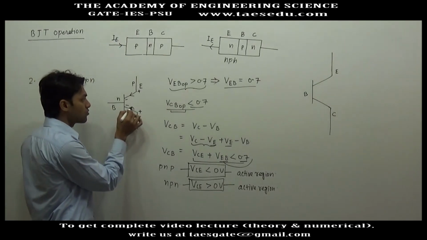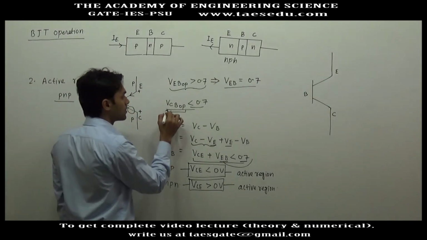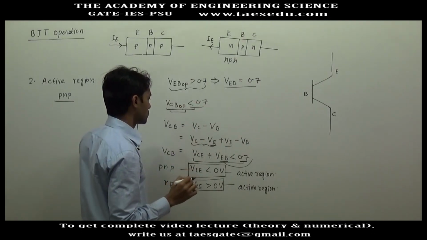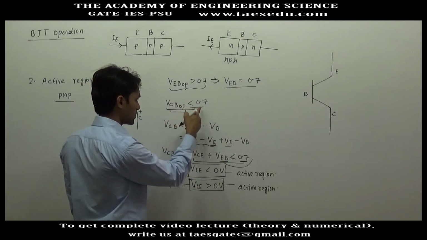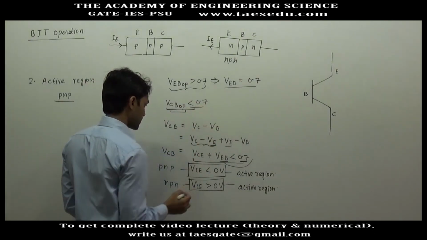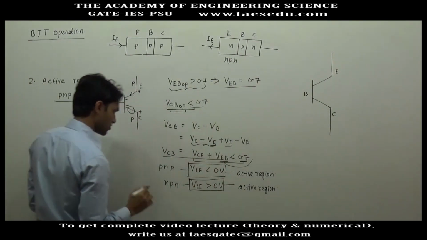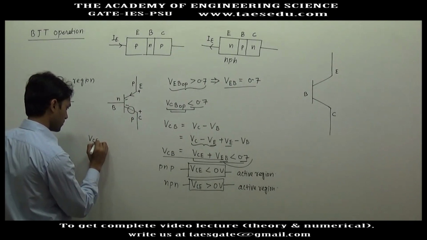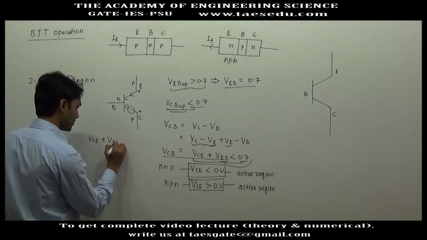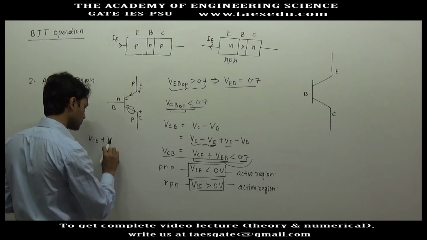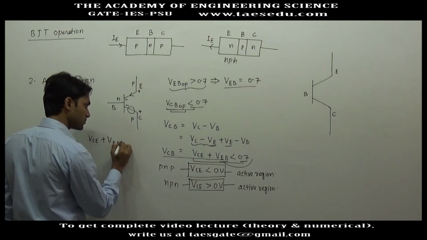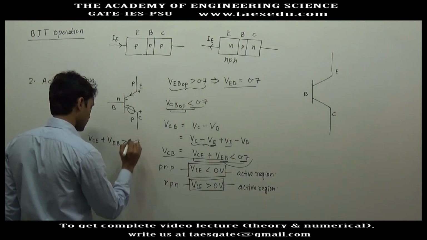So for this junction to operate in forward mode, this voltage must be greater than 0.7 volt. VCB open circuited must be greater than 0.7 volt. So VCE plus VEB must be greater than 0.7 volt.